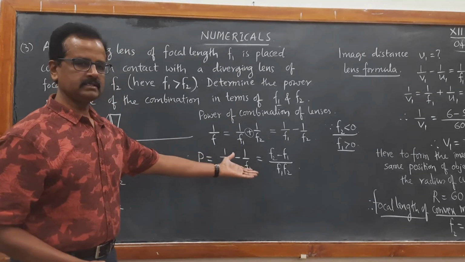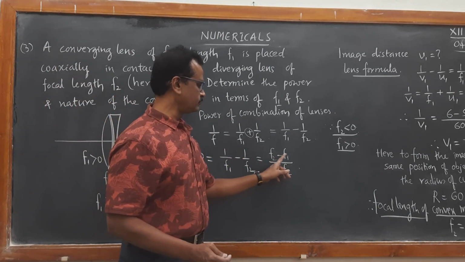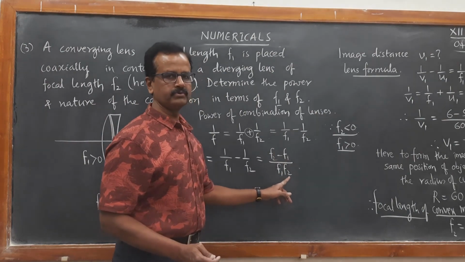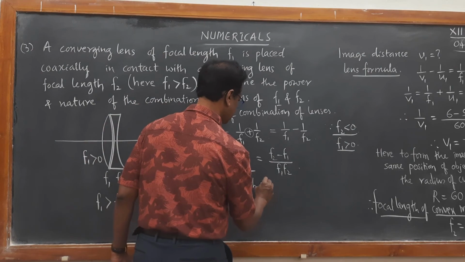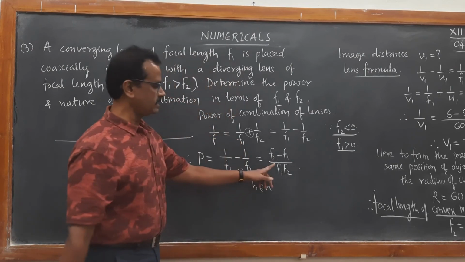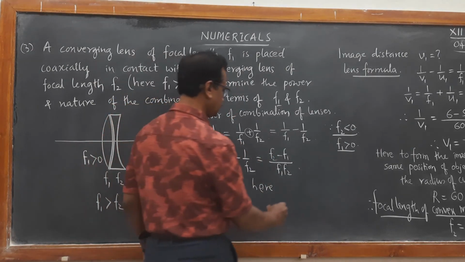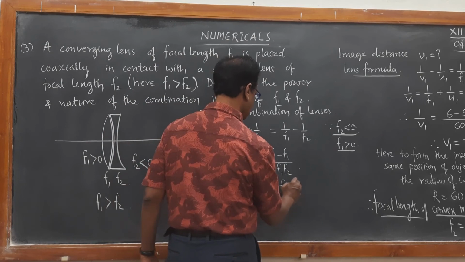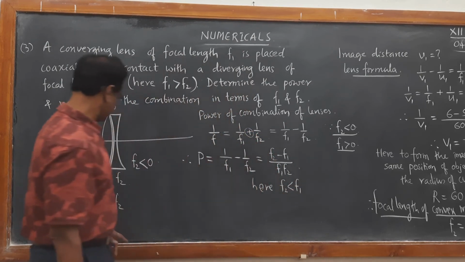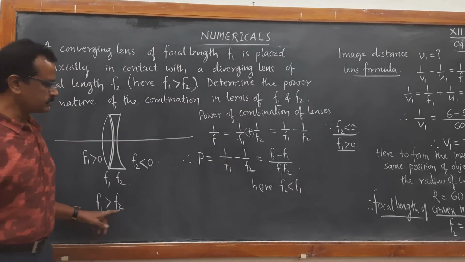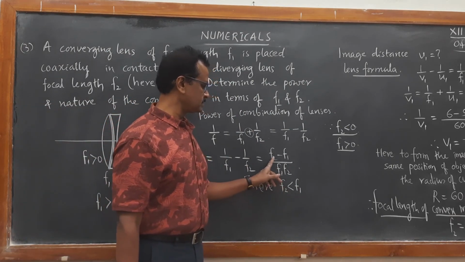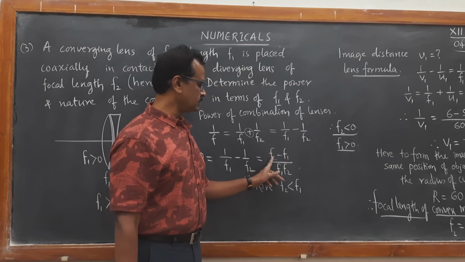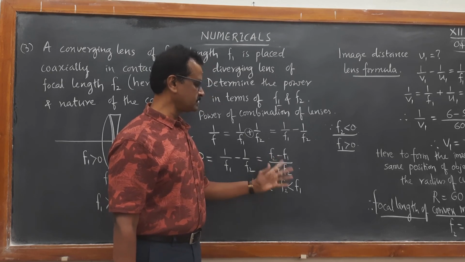So let us see this equation. f2 minus f1 divided by f1 f2 is going to be negative, because here f2 is less than f1. This is given: f1 is greater than f2. So the difference f2 minus f1 becomes negative.